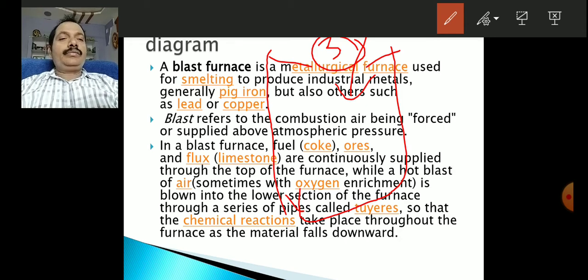So this is possible by fixing tuyeres, a series of tuyeres like this.